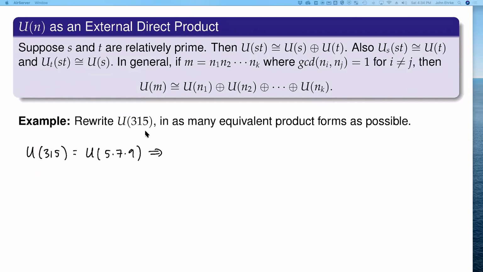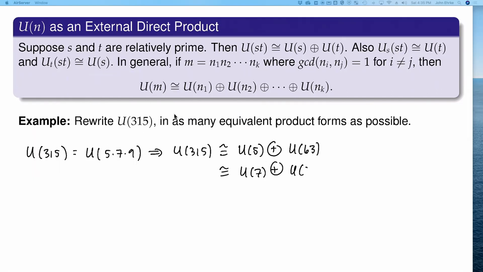So this is going to imply that U of 315 is isomorphic to the direct product of U5 and U63. All I did there was take the first one and combine the second two. But I could have taken the middle one and combined the other two, or I could have taken the last one and combined the first two.